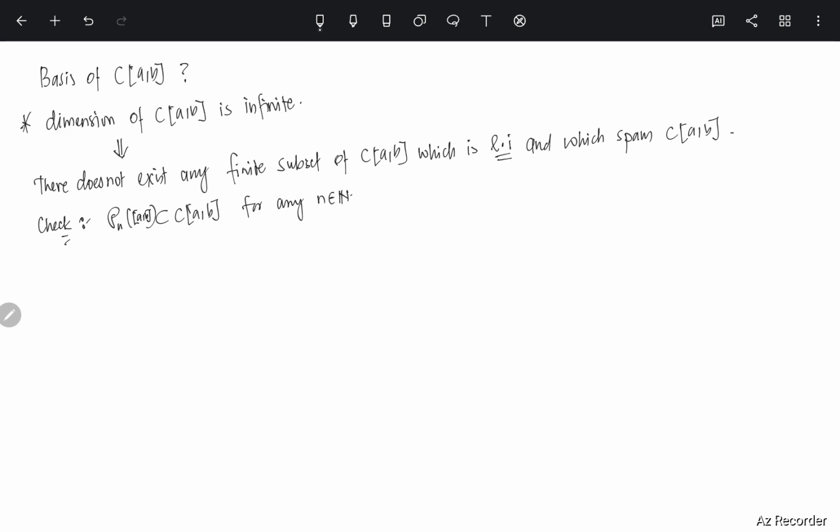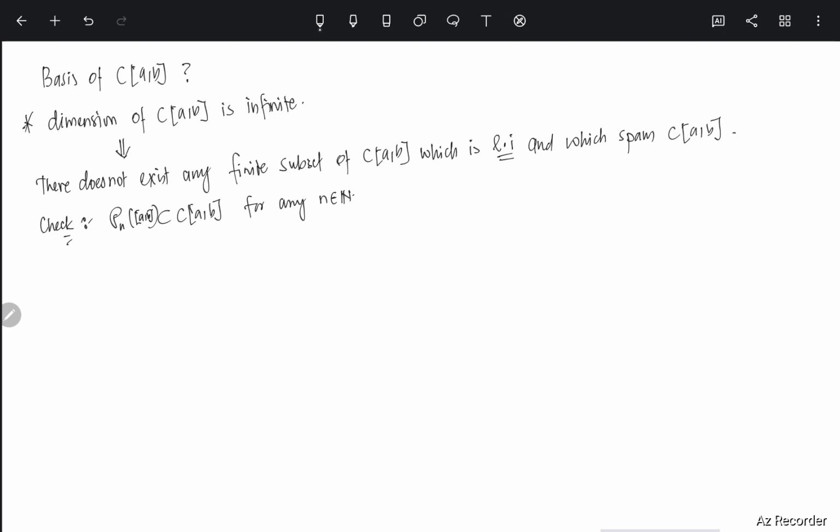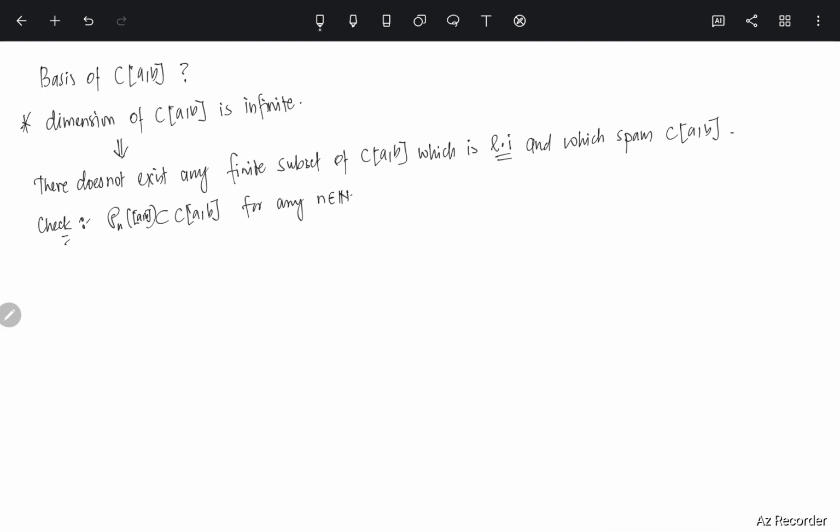I want you to show that the dimension of C[a,b] is infinite. Now what sort of infinite? Countable, uncountable, we don't need to know that right now. You just need to know that the number of elements in the basis is infinite. Right. Now, can we produce more vector spaces out of it?